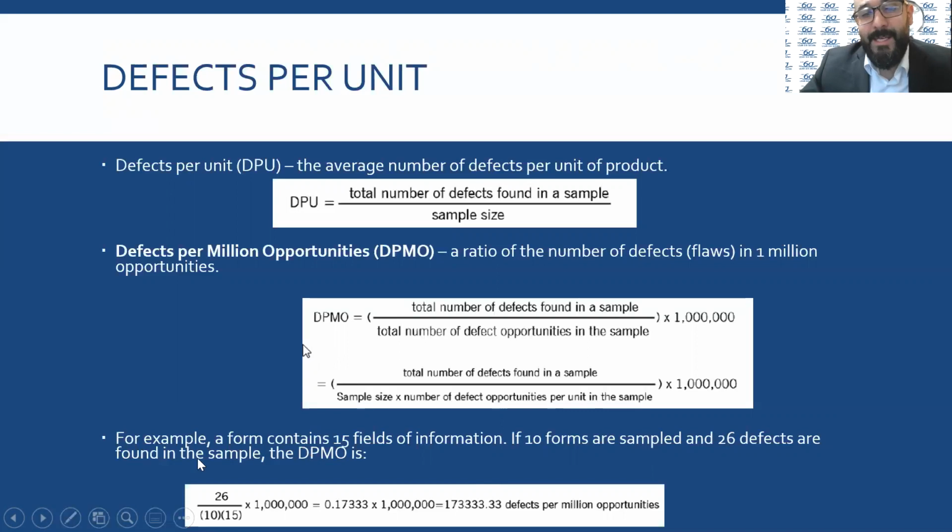We have a sample size of 10 because we selected 10 forms, times 15 fields in each form. So 26 divided by 10 times 15, times 1 million, and that would give you 173,333 defects per million opportunities.